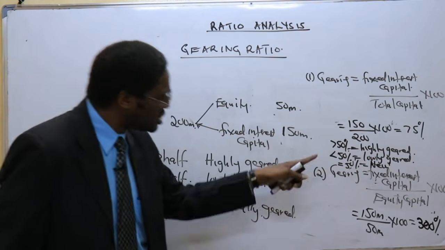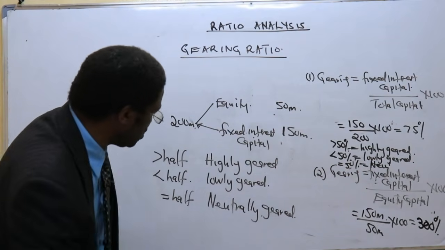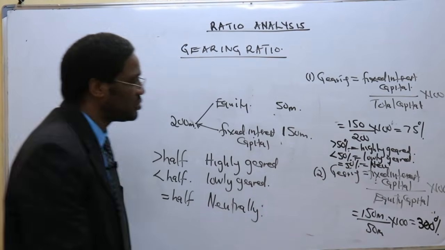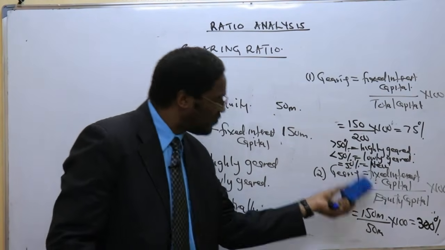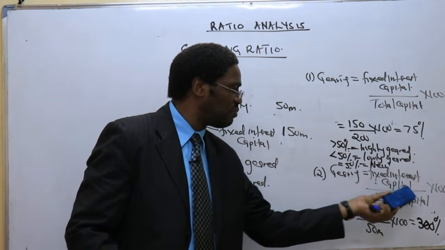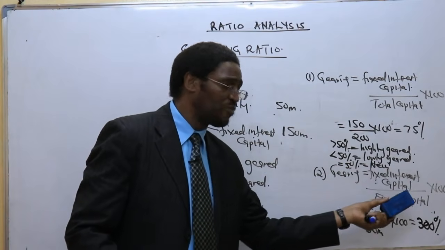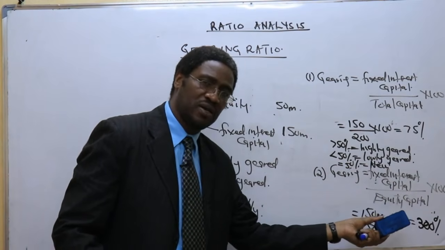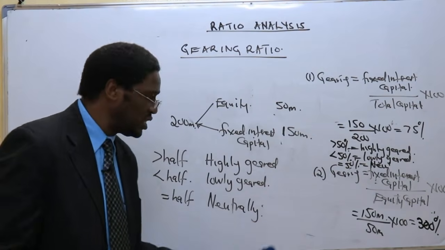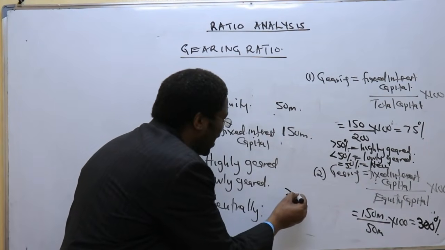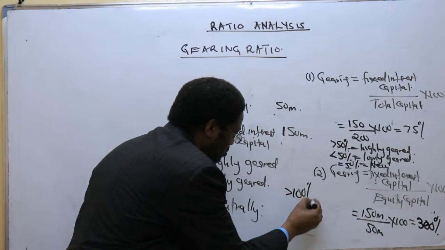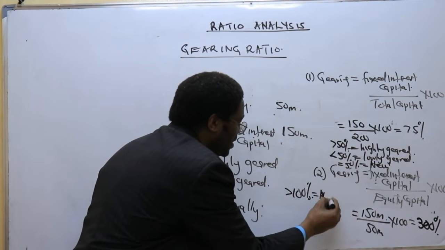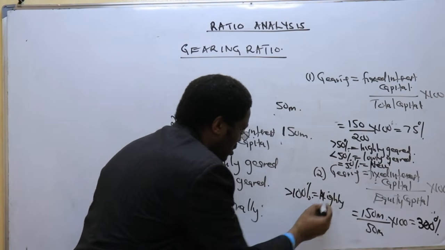When you're using the second formula now, which we have said is the fixed interest capital divided by equity capital, when you are using it, anything more than 100%, you come and say the company is highly geared.